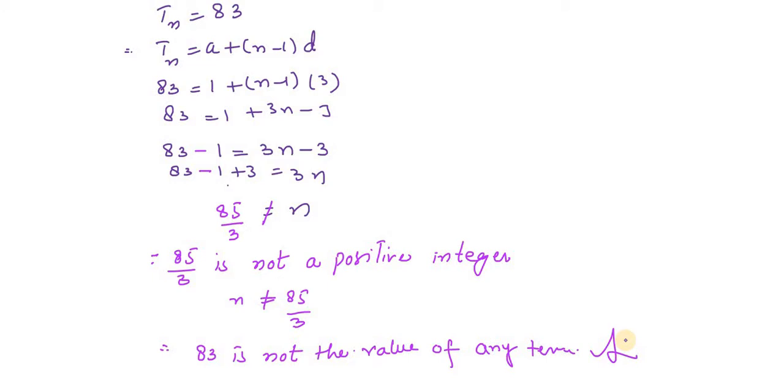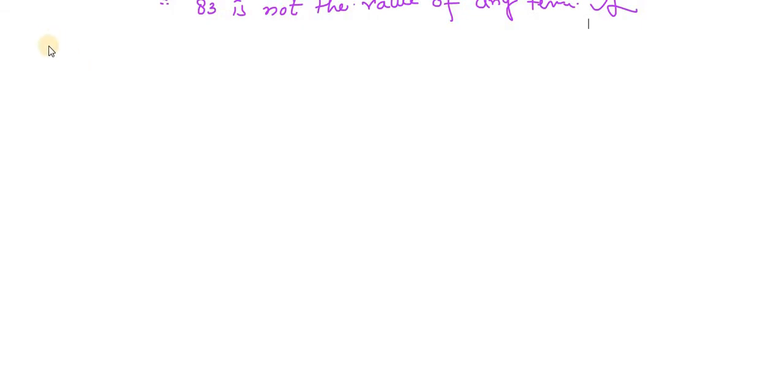Okay. Now we see question number 9. How many numbers are there between 256 and 789 that are divisible by 7?